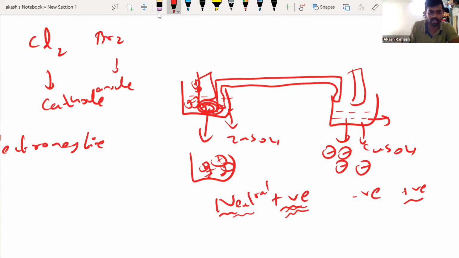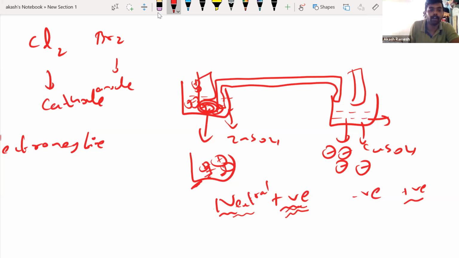Now you look at the solution here. The solution in the case of zinc sulfate is becoming more and more positive. And what is happening in this half cell? In this half cell, I have to remove electron. Same way here, the solution is becoming more and more negative, and this has to accept electron. And both these processes are going to become difficult.